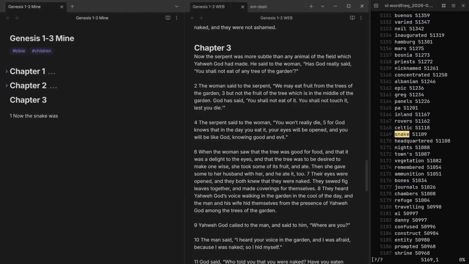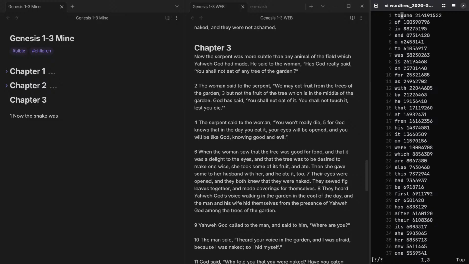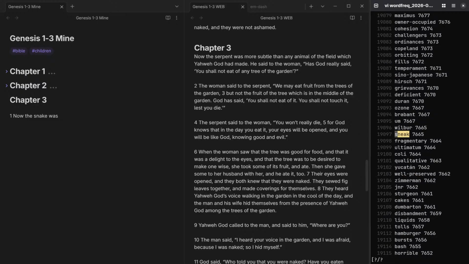The snake was more subtle. Now, what does that even mean, subtle? Cunning. Crafty. Sneaky. I think sneaky. The snake was more sneaky than any animal of the field which Yahweh God had made.